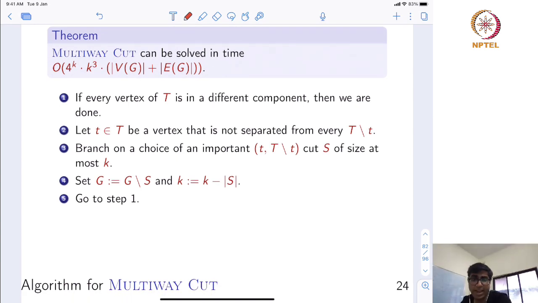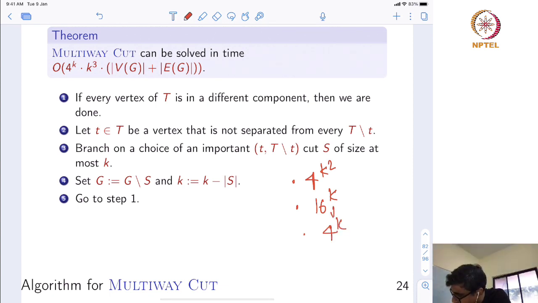So this is the algorithm we had in the beginning also, but we first gave an algorithm with 4 to the power k square dependence on k, then 16 to the power k, and I gave you just very briefly the idea that you can get from 16 to the power k to 4 to the power k with a more refined and measured analysis of the whole algorithm, but I leave that for you to work out.